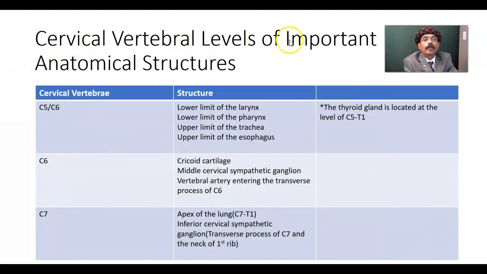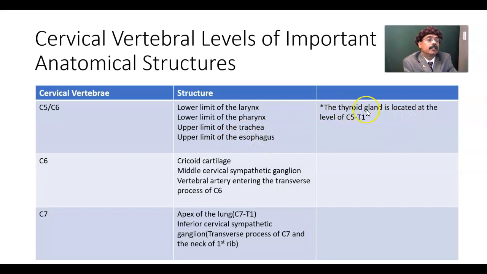Cervical vertebral level, important anatomical structure. Again, C5, C6 level: lower limit of the pharynx, lower limit of the larynx, upper limit of the trachea, upper limit of the esophagus.